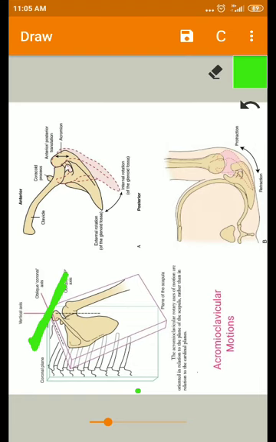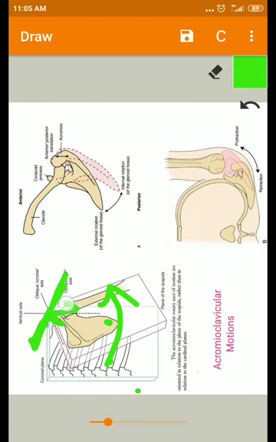Okay, so during elevation of the arm, if you can see this, from the normal position, the scapula will move like this. So here what will happen, the glenoid cavity is moving upwards and anteriorly.